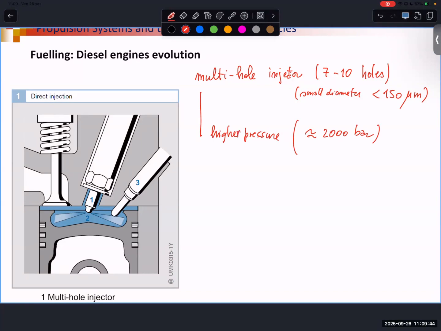The pressure generally is measured in a rail, so an element that connects all the injectors. So high pressure in the injector rail, so upstream of the injector.